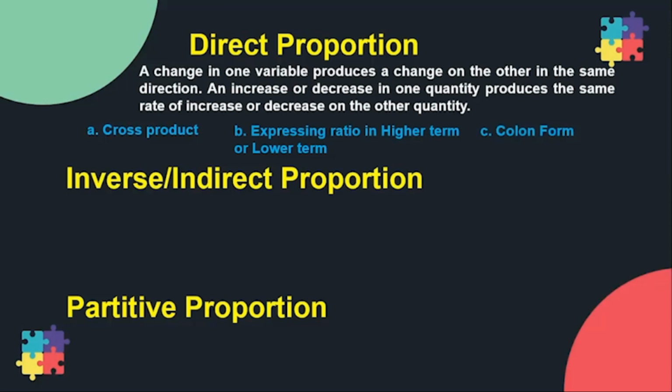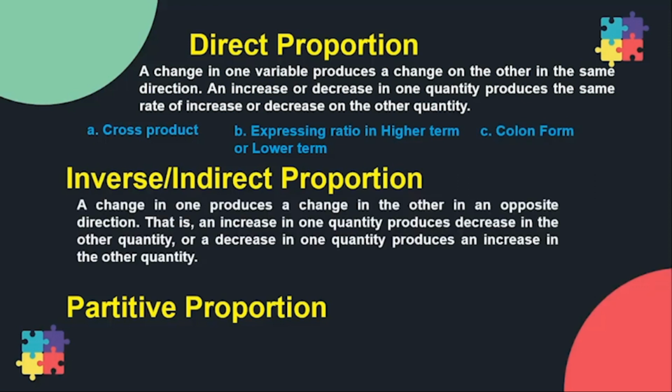We can solve direct proportion through the cross-product strategy or by expressing the ratio in higher or lower terms and then column form. In inverse proportion or indirect proportion, a change in one produces a change in the other in an opposite direction. That means that an increase in one quantity produces a decrease in the other quantity or vice versa. When one goes up, the other goes down. So, inverse proportion is the opposite.